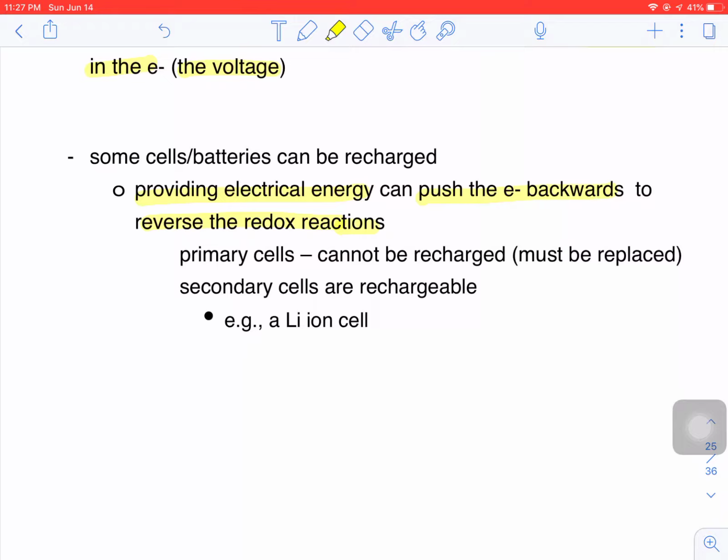So they're more sophisticated than what I'm saying here, but that's the basic premise. We call batteries that cannot be recharged primary cells, and those that can be recharged are called secondary cells. Probably the most common one today would be the lithium ion cell, the one we use in most of our computer and electronic devices that are rechargeable.